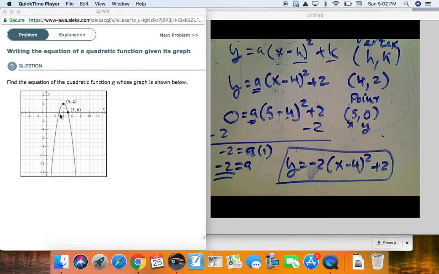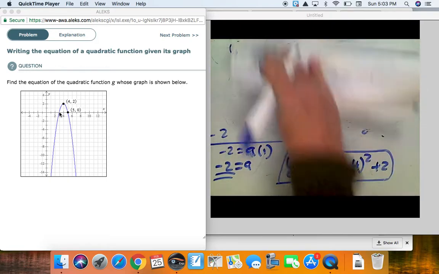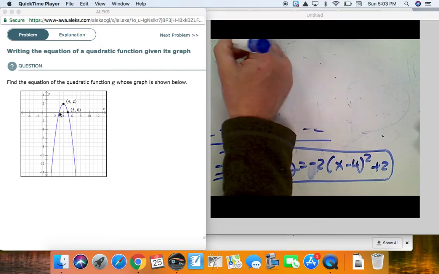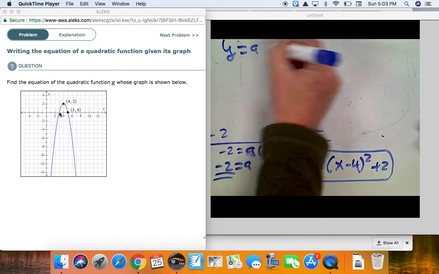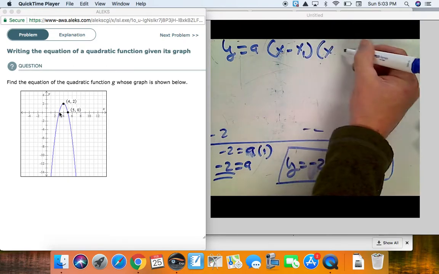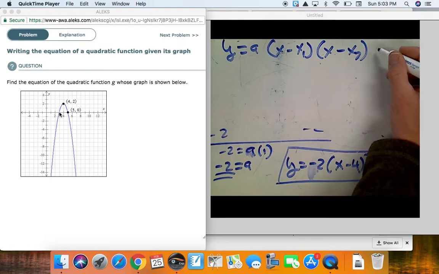We're assuming that this point over here is the other x-intercept, and we can use factored form to find it as well. So looking at this, factored form is y equals a times x minus x1 and x minus x2, where these are the x-intercepts, right?